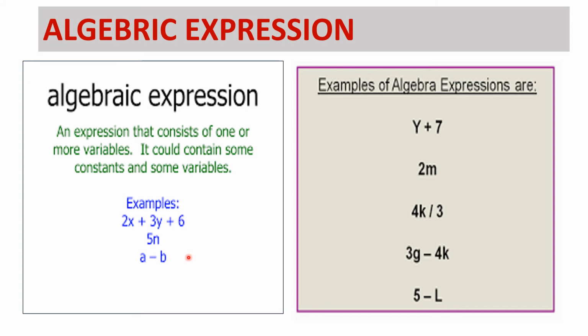Some more examples of algebraic expressions: y plus 7, 2m, 4k by 3, 3g minus 4k, and 5 minus l. Now in all these expressions you can see some English alphabets are used. They are all variables. So all these expressions are having variables. Such expressions are called algebraic expressions.